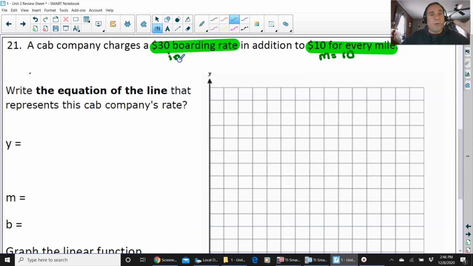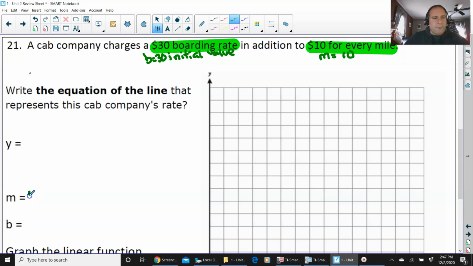This boarding rate is the initial value. It's the number that gets charged before the cab even moves, right? $30 right away. And that is your B, which is your y-intercept. So B equals 30.